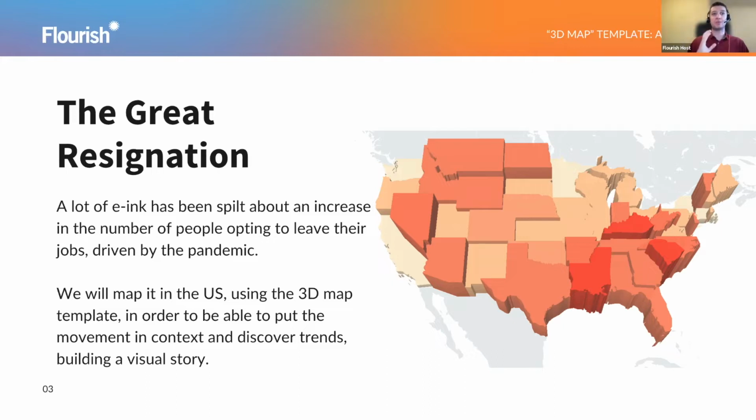And as I mentioned, we will be mapping it in the US using our 3D map template in order to be able to put the movement in context, because you may be reading a lot of articles about that, but it's very useful to be actually able to pinpoint the trend through numbers and visualize based on these numbers as well.